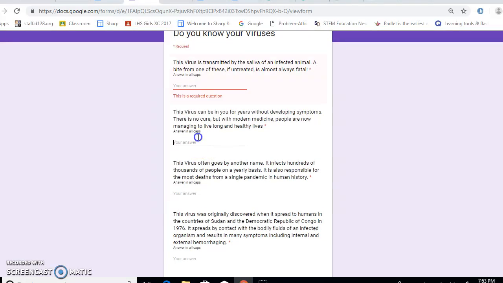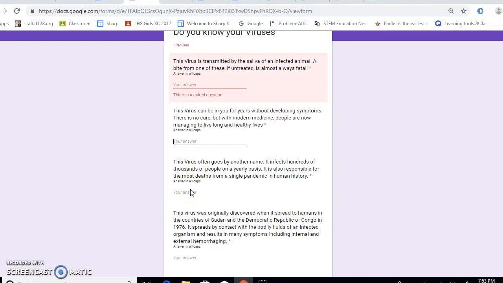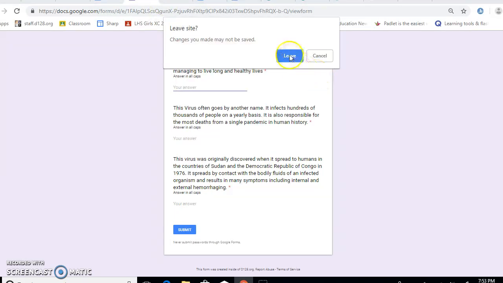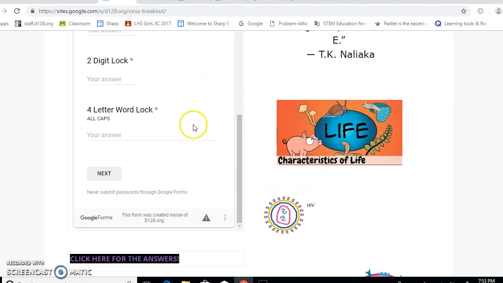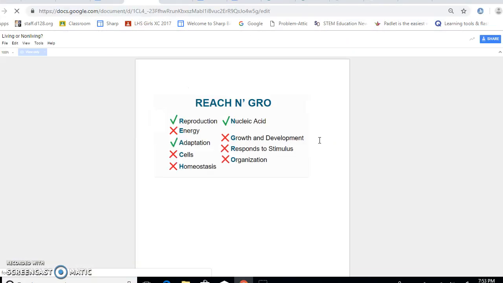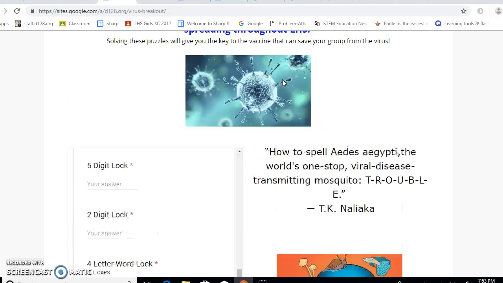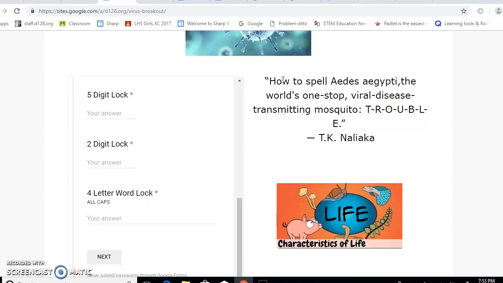Once they got all these questions correct, when they submitted the form, you can enter a little code for them to use, and that was another clue for them to enter onto the form. The characteristics of life linked to Reach and Grow, which was a 9-letter word lock that they had to do, and there were prizes for kids that were able to break out of this the fastest.